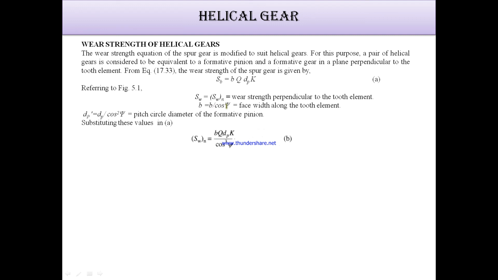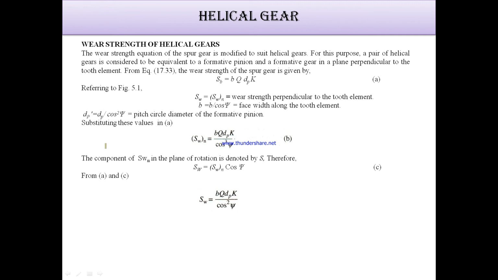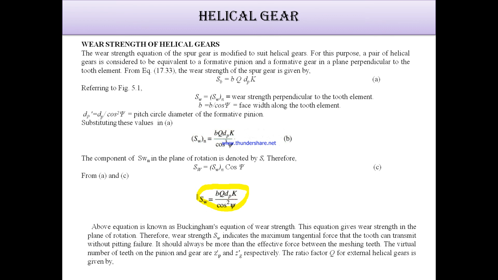Sorry, by mistake Sb is written here. So SwN is equal to b Q d p K upon cos cube of psi. As we did last time in beam strength, Sw is equal to SwN into cos of psi, so cos of psi will get cancelled, and since it is cube, square remains. So the next equation is b Q d p K upon cos square of psi. This is the wear strength of helical gear.